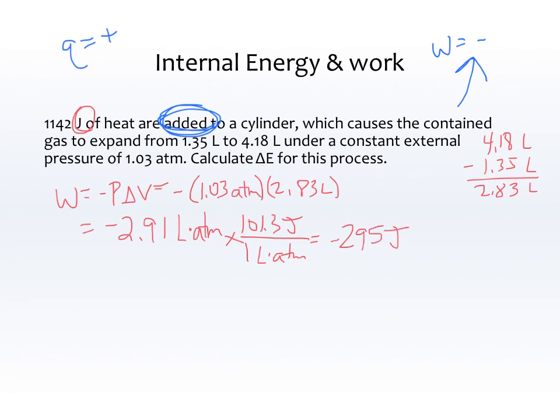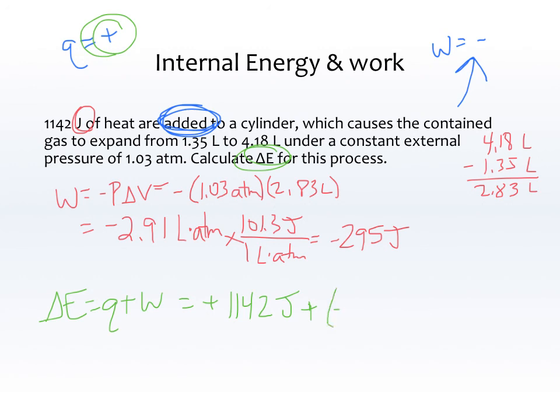But the question here is not asking for work, it's asking for delta E. And delta E, if you remember, is equal to Q plus W. Q is the heat gained or lost. W is the work done on or taken in by the system. So Q, we said earlier, is going to be positive because heat's added. So this is positive 1142 joules plus, work is negative because that work is done on the surroundings, so plus negative 295 joules.